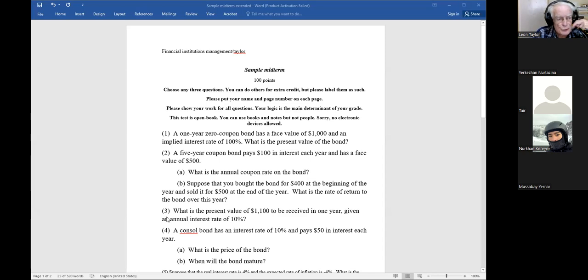Question 3 is again a present value problem.